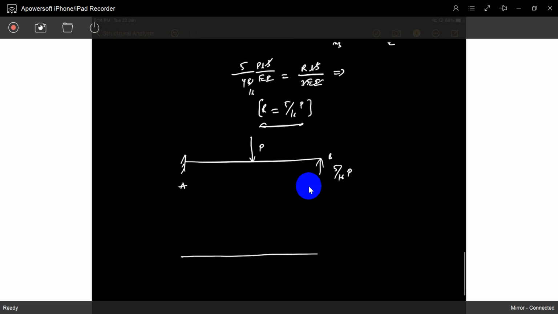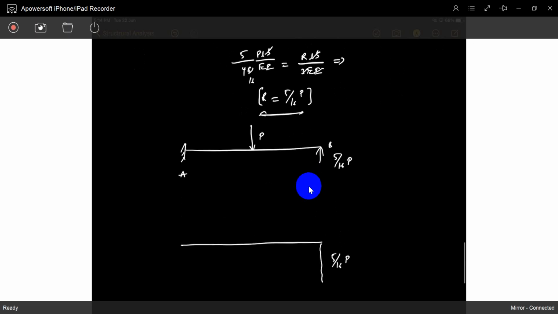Directly, it is 5P by 16, with no change at all up to this point, C. Suddenly P comes in the opposite direction, so the value becomes 5P by 16 minus P, which is minus 11 by 16 P.